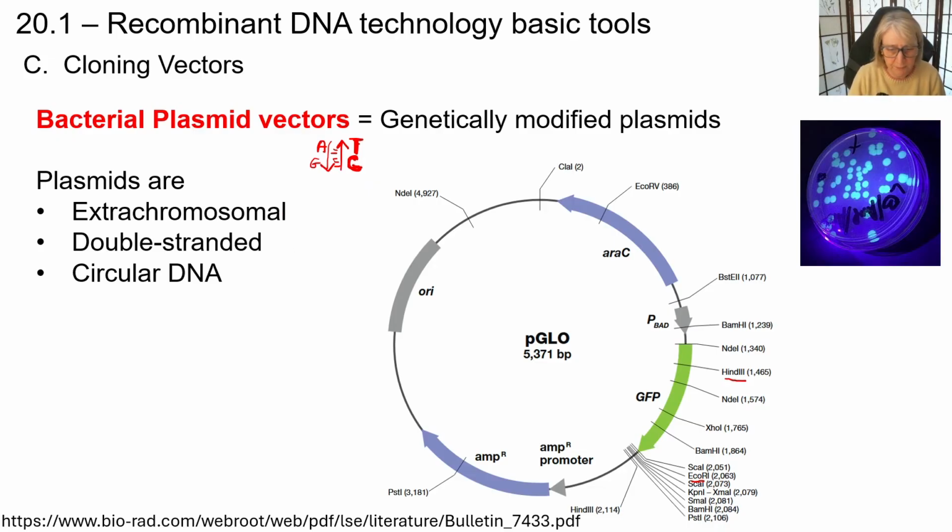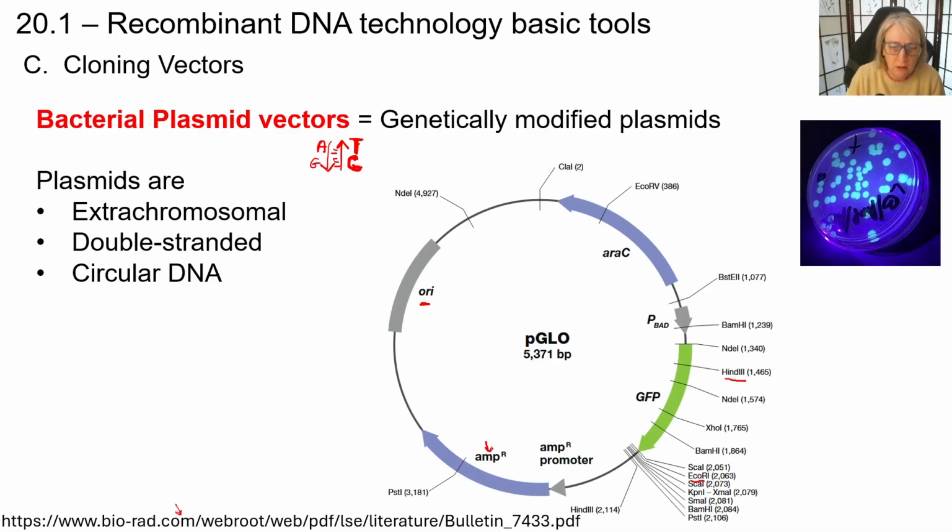It's a plasmid. And I gave you the link here. This should be a permanent link in case, I don't know, you need this in 2028. But I also linked all of this in the Canvas site, so you can look at these if this is of interest to you. Remember the ORI here, this is the origin of replication.